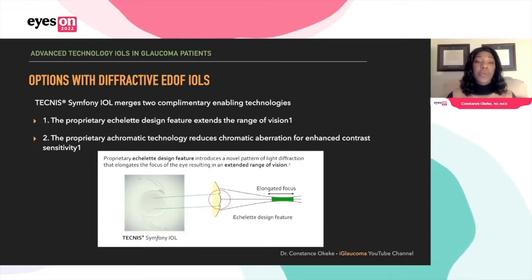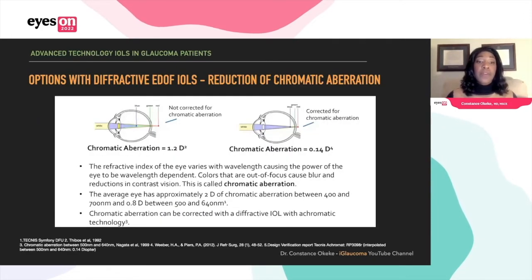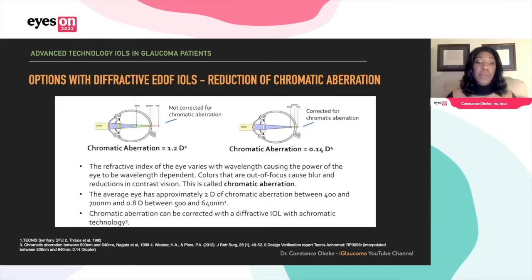And also with this technology, they have the ability to reduce chromatic aberrations, which actually helps with enhancing contrast sensitivity. So chromatic aberrations cause out of focus blur and reduction of contrast.